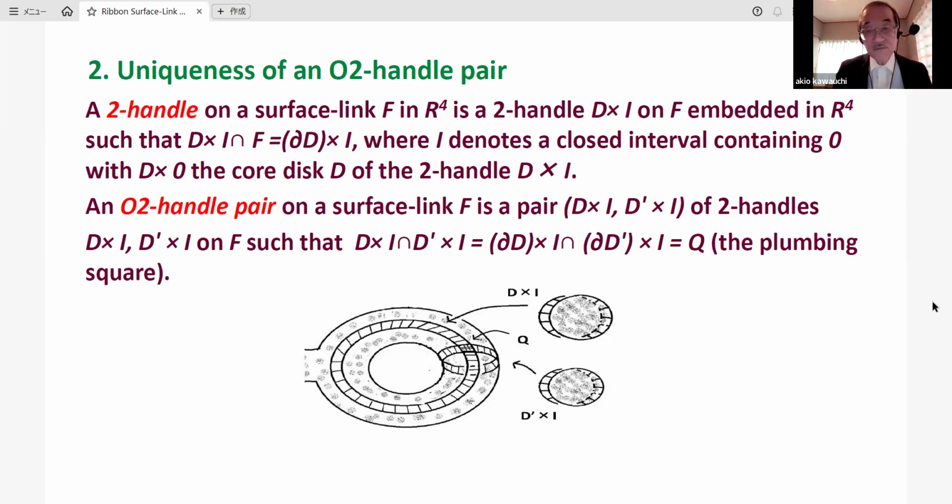It is called the plumbing square. So this picture illustrates that.